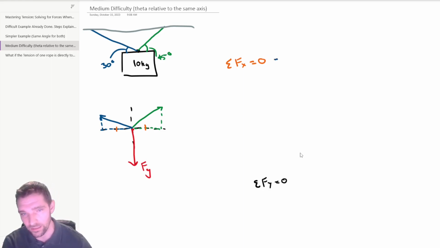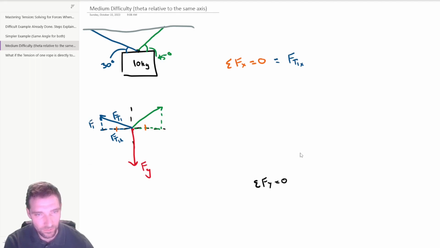Then you're going to have the F of tension 1 in the x-axis, which is this guy right here. And that's being related to the force of the tension 1. And this is going to be that force of tension 1 in the y-axis, and so on and so forth. This should seem kind of familiar at this point after looking at those other previous problems.